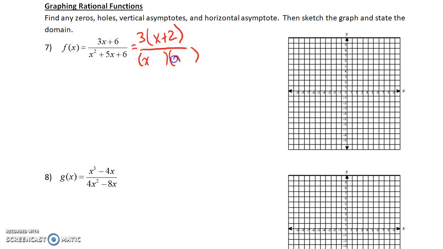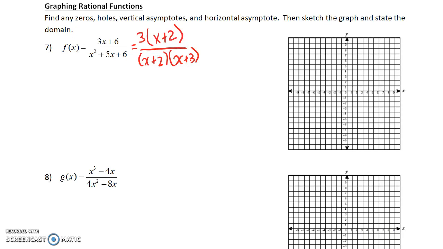We've got x and x, and we're looking for two numbers that multiply to 6 and that add to 5. Factors of 6 are 1 and 6, as well as 2 and 3, but since this is a positive and this is a positive, the only pair that would add to a positive 5 would be 2 and 3. It doesn't matter the order there.